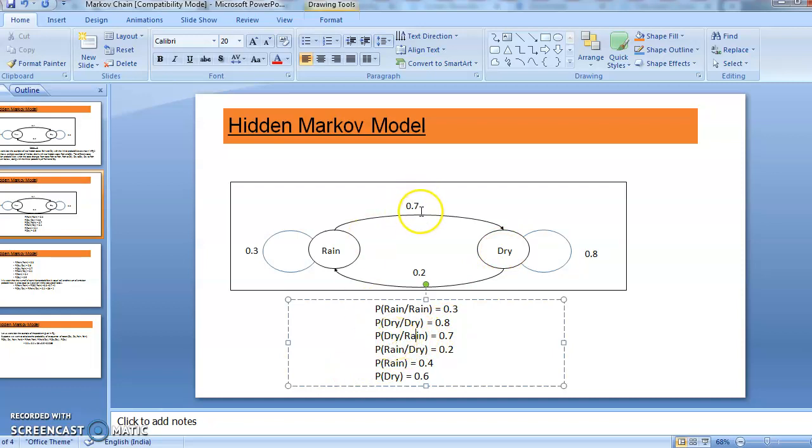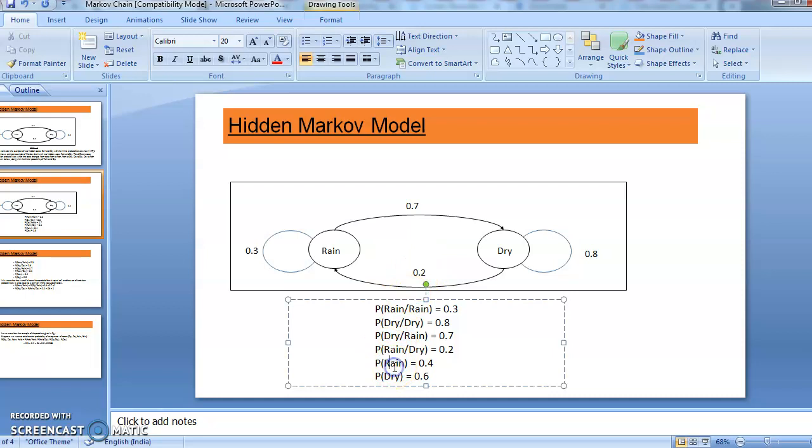How will you write this? The probability of dry given that the initial state was rain is 0.7. Next, the probability of rain given that the initial state was dry is 0.2. Initially it was dry and after the transition the state changed to rain, so that probability is 0.5.